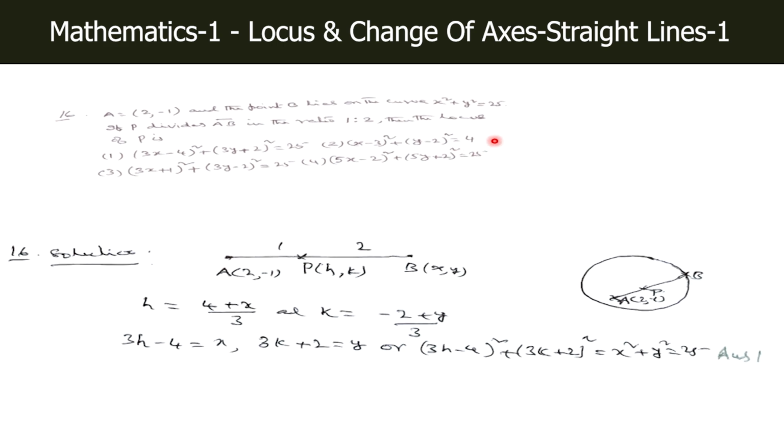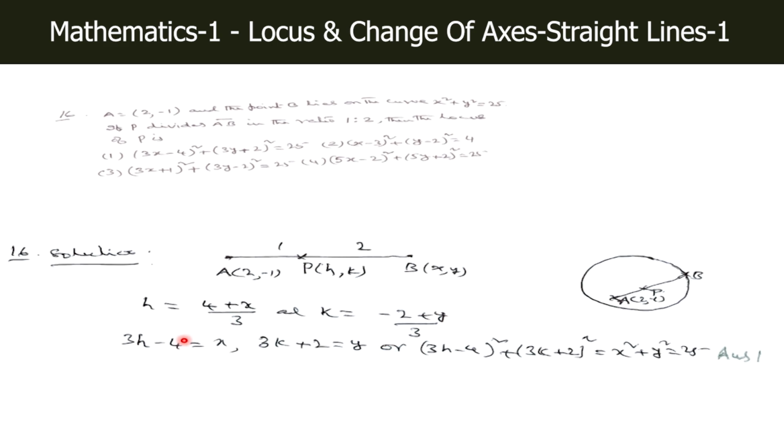Now, you see AB bar, let P be the point which divides AB in the ratio of 1:2, whose coordinates are h and k. So, therefore, as per the ratio formula, h is equal to (2 into 2 plus 1 into x) by 2 plus 1, that is by 3, and k is equal to (2 into minus 1 plus 1 into y) by 3.